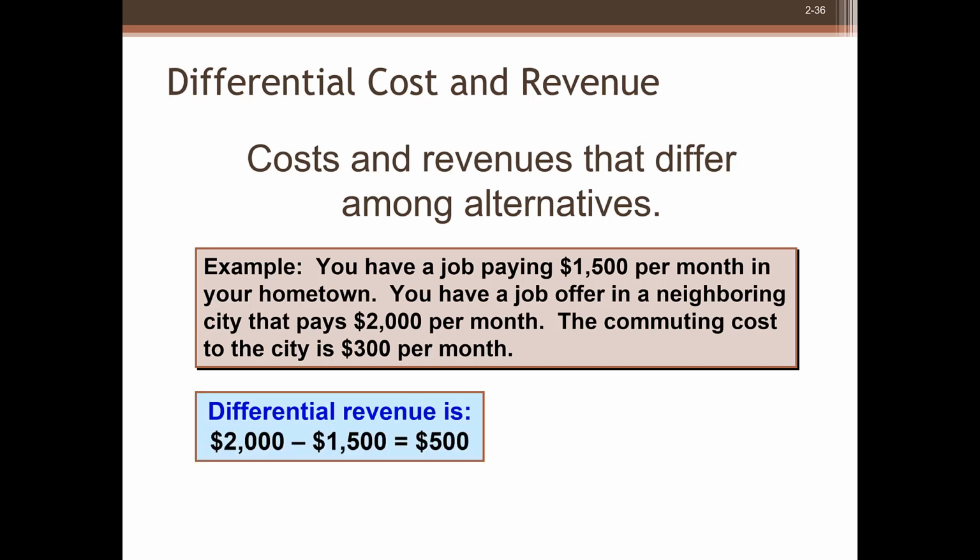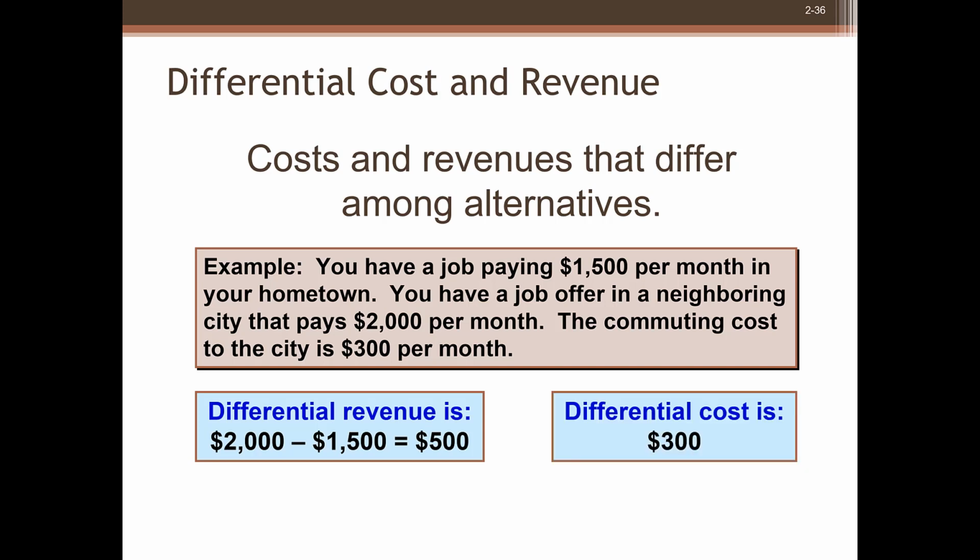Differential revenue is the difference in revenue. $2,000, that's the job offer in a neighborhood city. And $1,500, this is the salary for the current job. So the difference here is the differential revenue, $500. The commuting cost to the city, $300. This is differential cost.